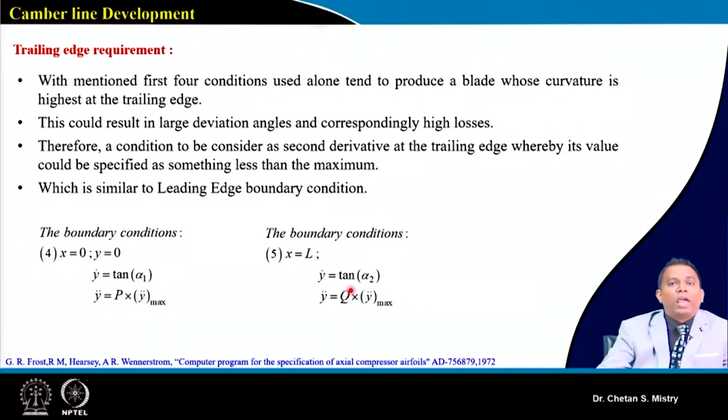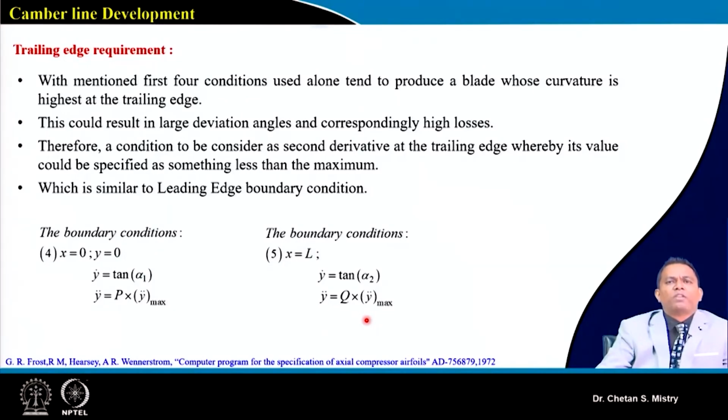At x equal to L, this is at the trailing edge, we can say y dot, my first derivative, we are writing as tan alpha 2, and the second derivative we are putting Q into the second derivative which is having maximum value. Now this is more in the sense of mathematics.